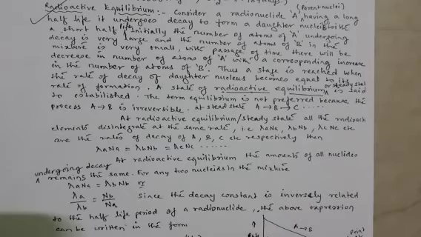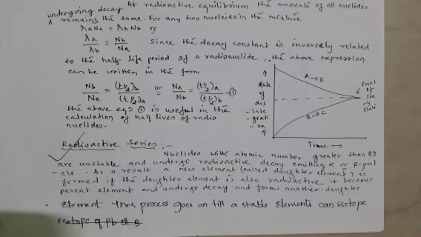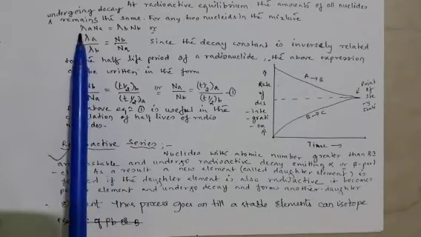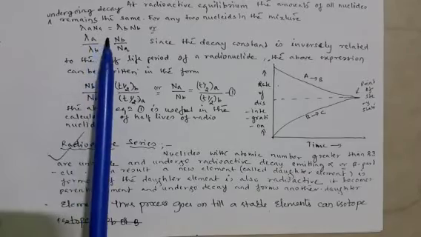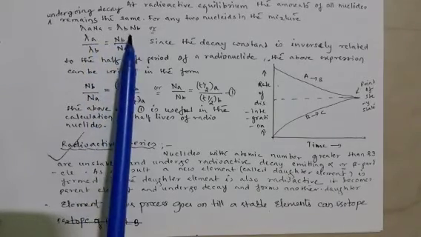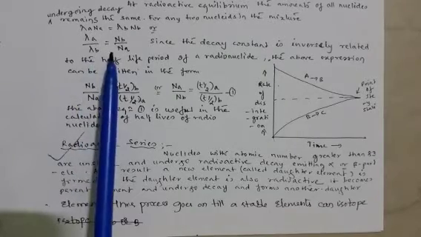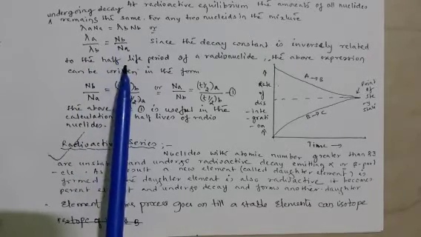So for any two nuclides in the mixture, it is given by lambda A into Na is equal to lambda B into Nb, or lambda A divided by lambda B is equal to Nb divided by Na.